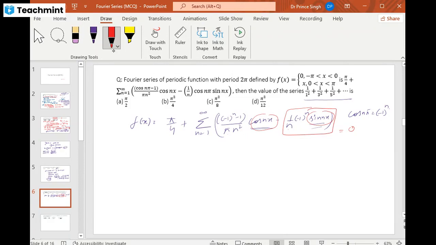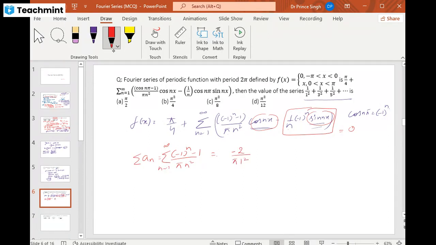This is basically the coefficient of cosine x, so it is an. So what is an here? Minus 1 raised to power n minus 1 upon pi n square, right? So if I open this particular series, what do we get here? If I put n equal to 1, its value is minus 1 is minus 2 upon pi times 1 square.